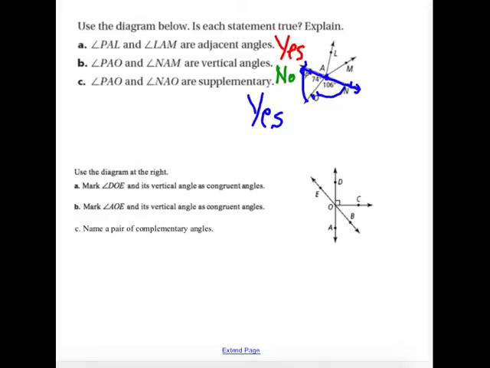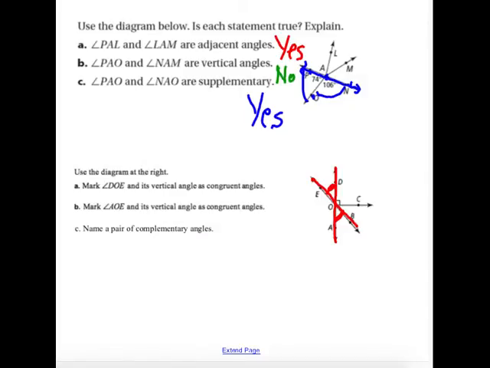Alright, on the bottom, it says mark DOE and its vertical angle as congruent angles. So angle DOE is this one right here. I want to know which one is vertical from it. So I have this line and this line that make up that angle. Its vertical angle is congruent, it's the same.